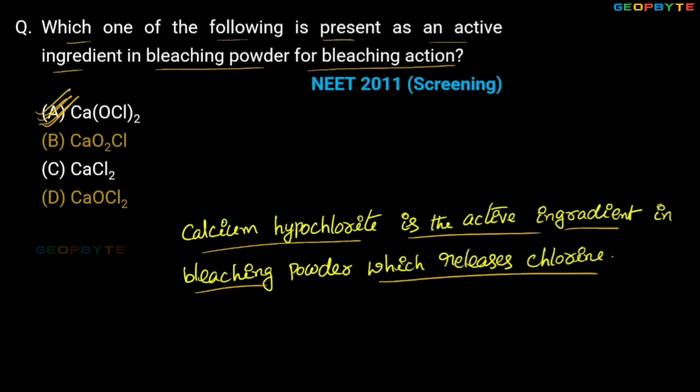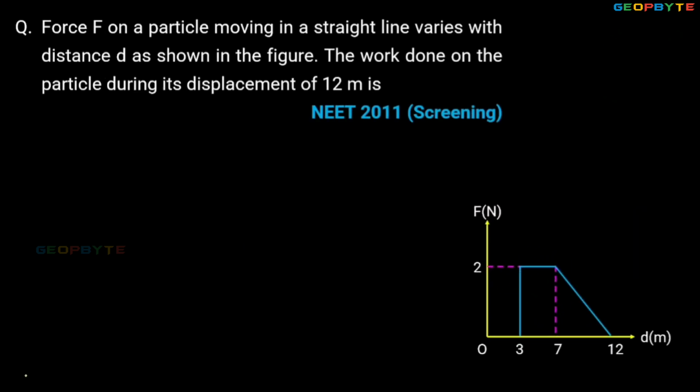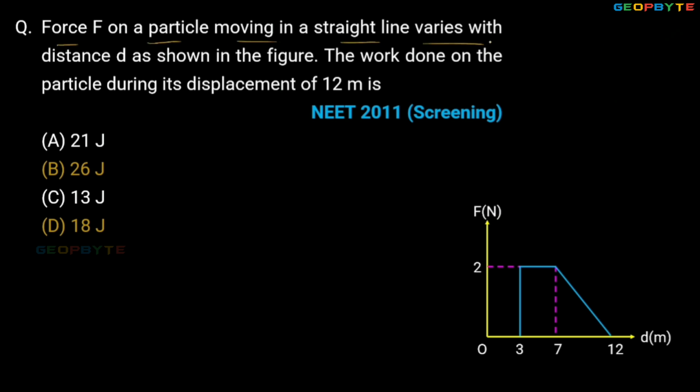Similarly, look at another important question. It is asking: force F on a particle moving in a straight line varies with distance d as shown in the figure. Look at the force versus distance graph given. The work done on the particle during the displacement of 12 meters is, you're asked to decide the work done.